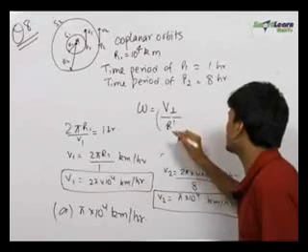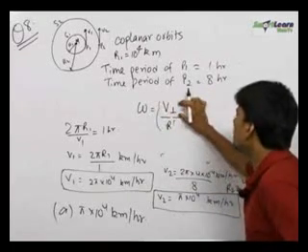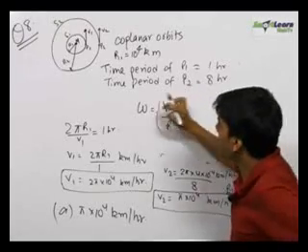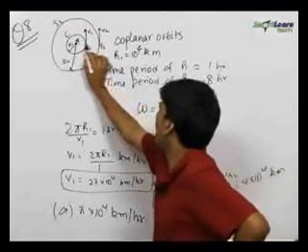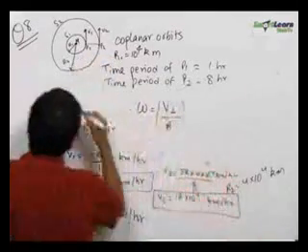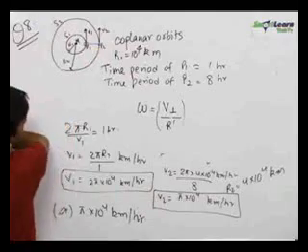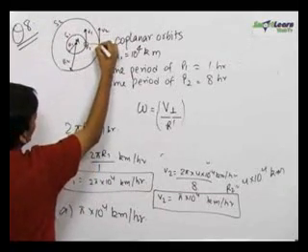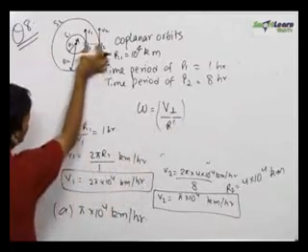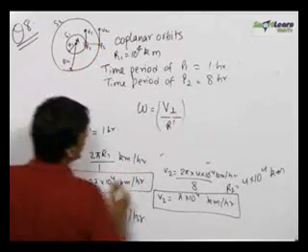Let me write this as r dash. V perpendicular is the relative velocity in the perpendicular direction as observed by an observer in P1. V perpendicular means relative to P1, what is the velocity of P2 in the perpendicular direction, and r is the distance between those 2 points.